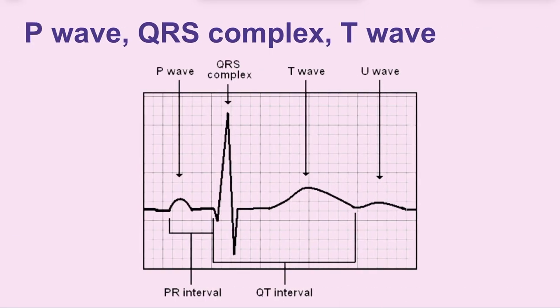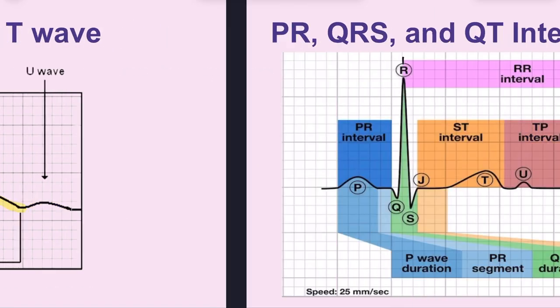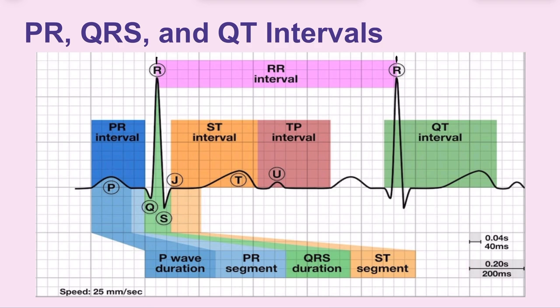All right, so we talked about our P wave, our QRS complex, and our T wave here, but let's go into a little bit more depth and talk about some of our intervals. We've got our PR interval, which is going to start at the beginning of our P wave and end at the beginning of the QRS complex.